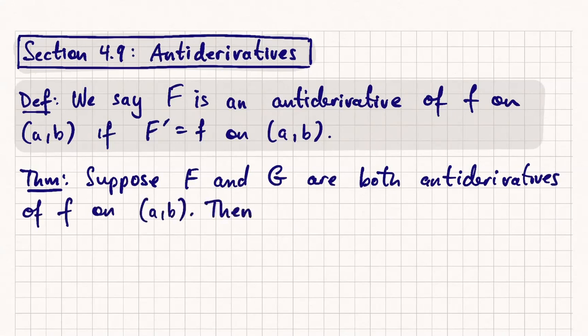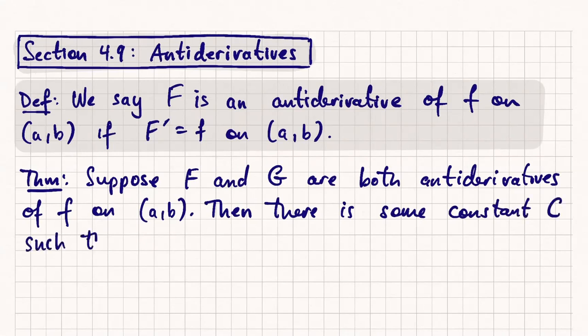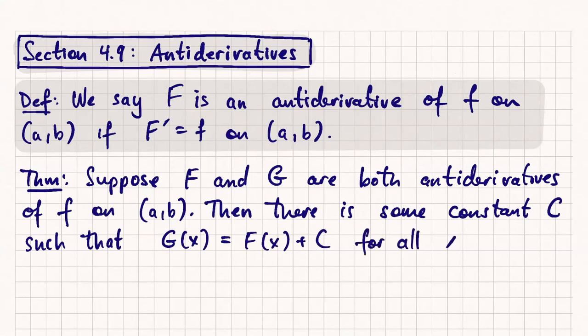Then those two antiderivatives are really not that different. They really just differ by a constant. There's some constant c such that g of x equals f of x plus c for all x in (a, b).